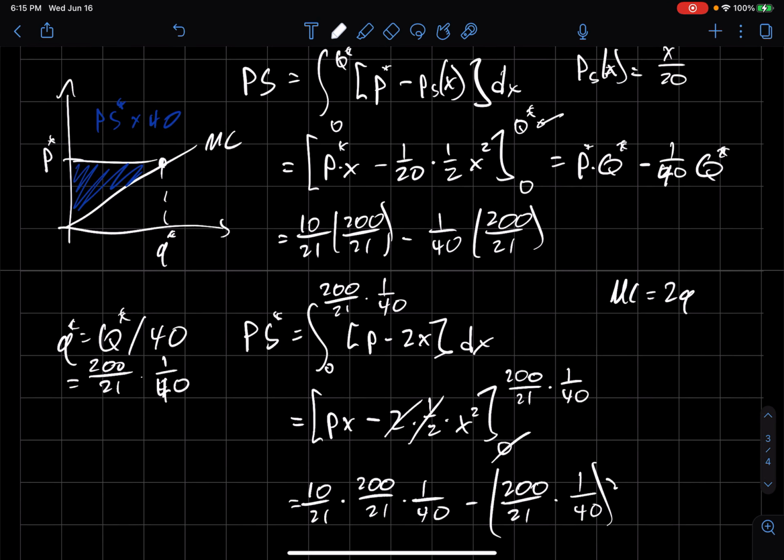Okay, and I think I forgot a squared term up here as well. This was squared, so this is squared.